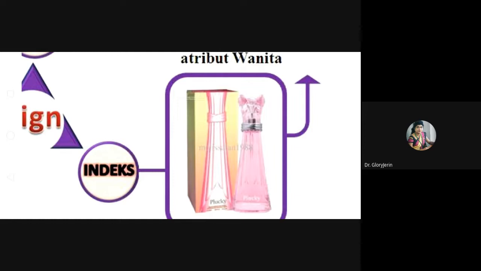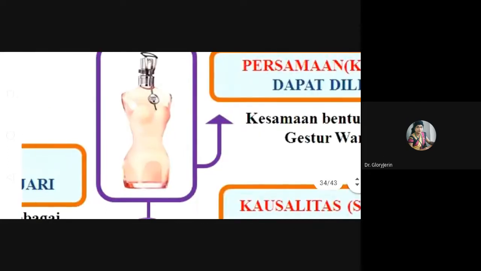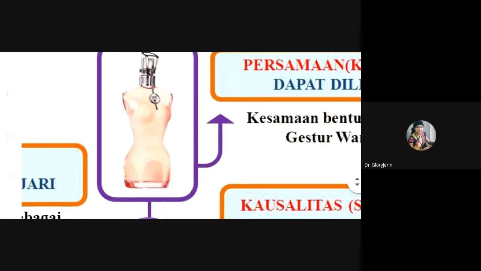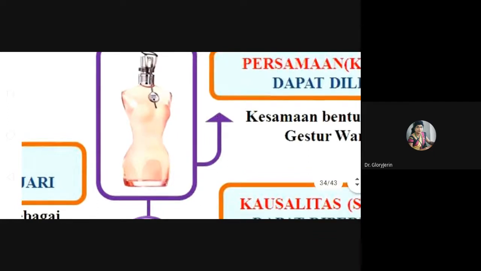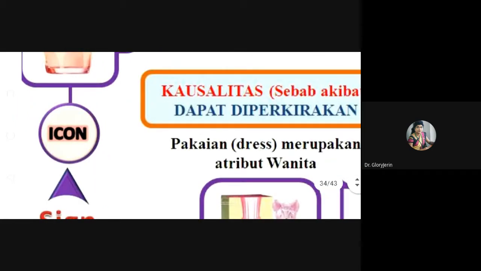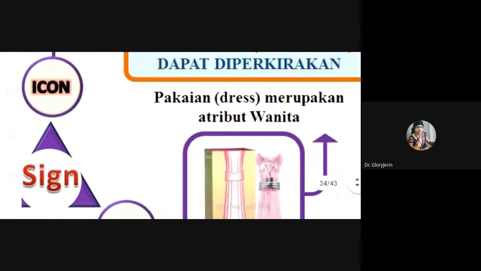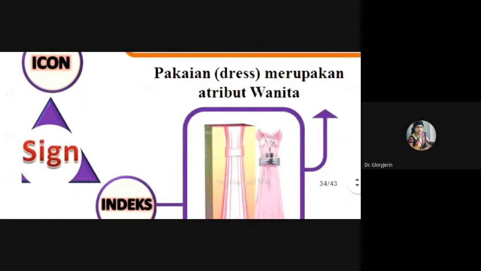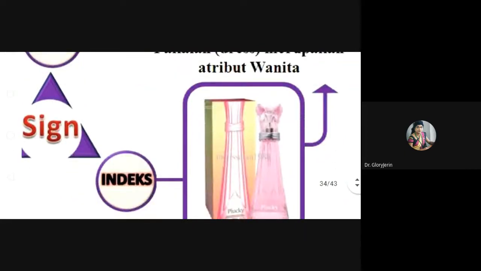So iconic gender signs work through similarity. This is an iconic sign, a similarity that can be seen from the object of reference. For example, the similarity of the shape of the bottle with the gesture or body of a woman. Indexical gender signs are good because of the predictable causality, the cause and effect relation with the reference object.